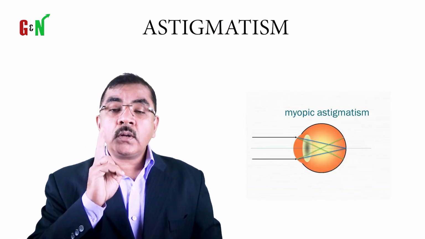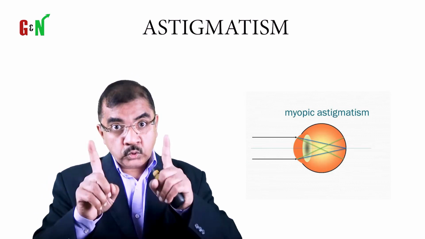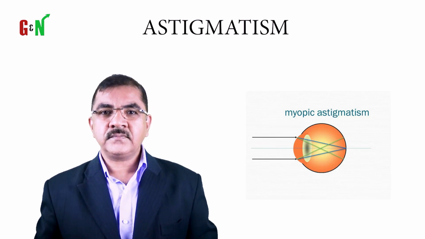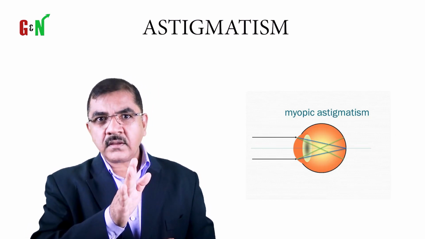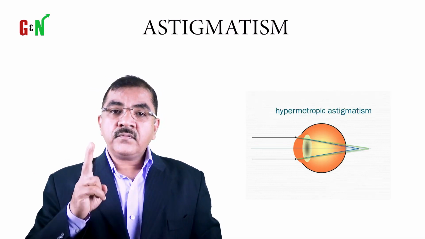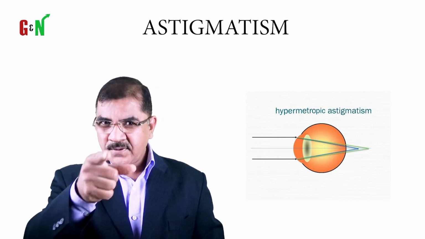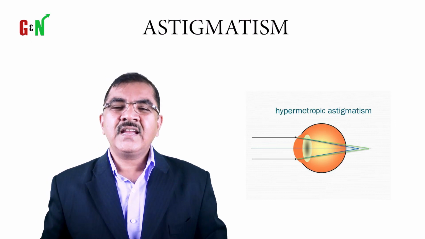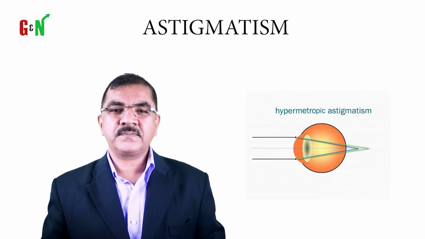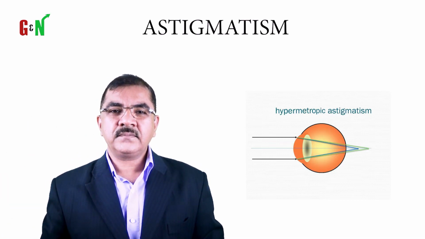If those two focal points both fall in front of the retina, then it is myopic astigmatism. Yes, same myopia, but here it is myopic astigmatism. If both focal points fall behind the retina, you guessed it right, it's hypermetropic astigmatism or hyperopic astigmatism, because both focal points are behind the retina.